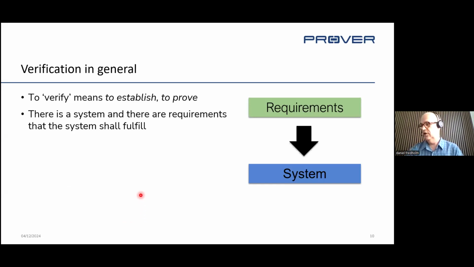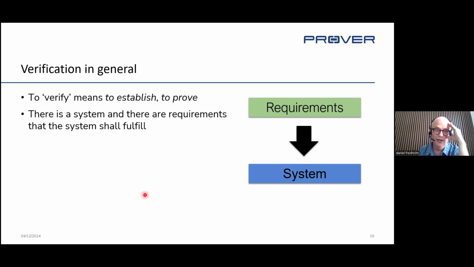Which brings us to the point of verification. So verification plays a very important part when one is dealing with signaling systems.